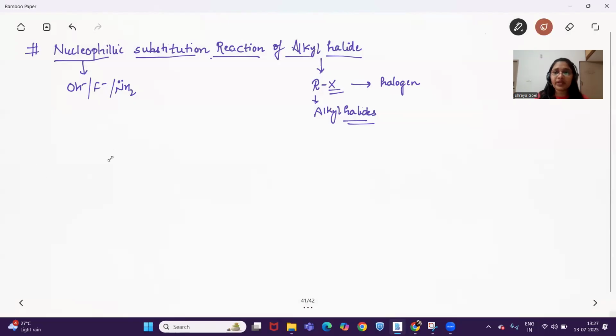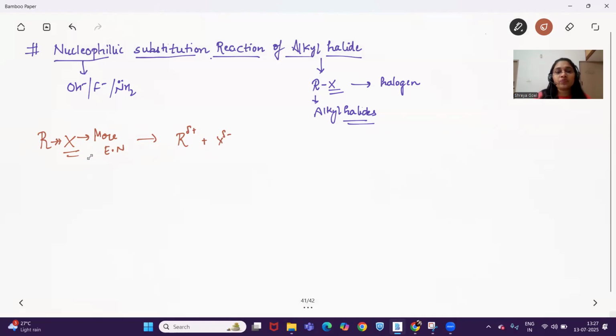So what happens? The R-X bond is polar in nature. Why? Because X is more electronegative than R, and it pulls the electron density towards itself. For that reason, R will acquire a partial positive charge and X will acquire a partial negative charge.